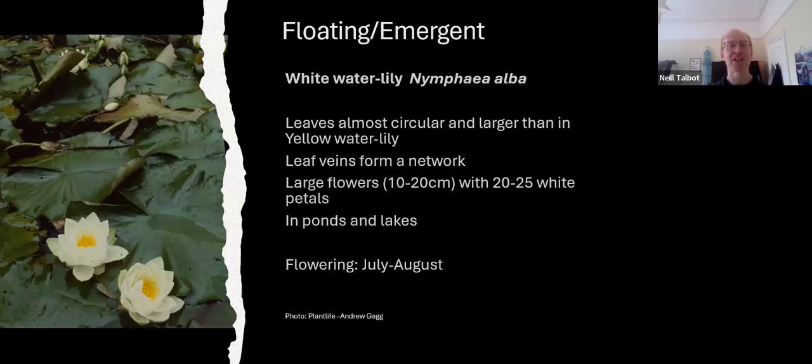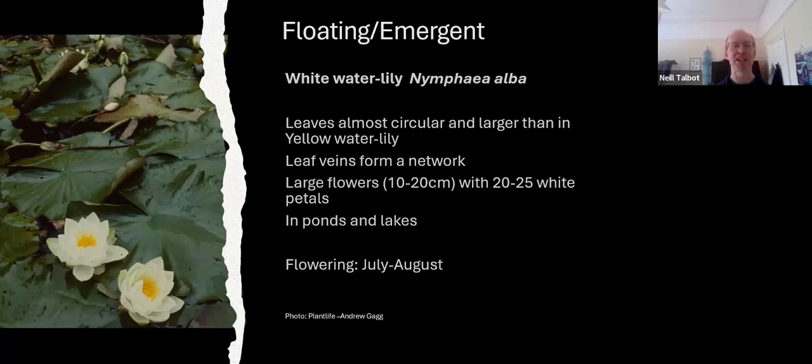They have very large white flowers with a central yellow section, but they have quite a lot of petals, around 20 to 25 petals. The petal arrangement is very different to the yellow water lily.